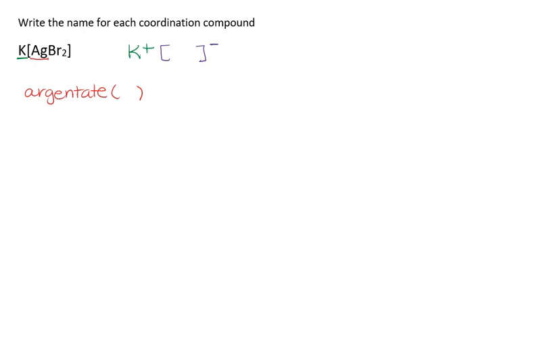What else do I have in the complex? I have 2 bromide ligands. So I will name that part as dibromido. So to figure out the charge on the silver, I have X for silver plus 2 times a -1 for the bromides has to equal the charge on the complex, which is a -1.